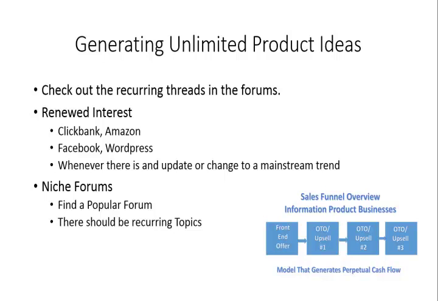Another thing to look for is anything that indicates renewed interest. Think about broad topics within marketing or the internet world. When you think about ClickBank or Amazon or Facebook or WordPress, anytime there's a major change in a mainstream trend inside of internet marketing in particular, there's going to be renewed interest. What does this mean to WordPress?